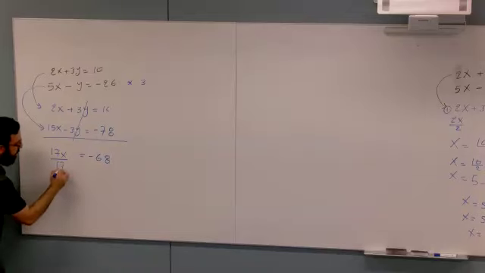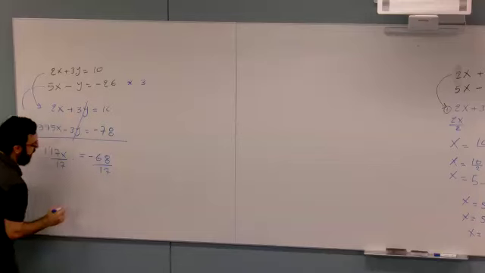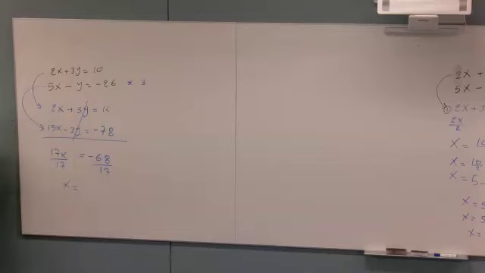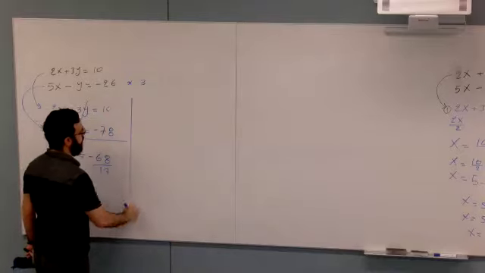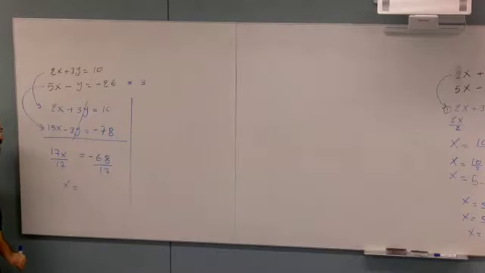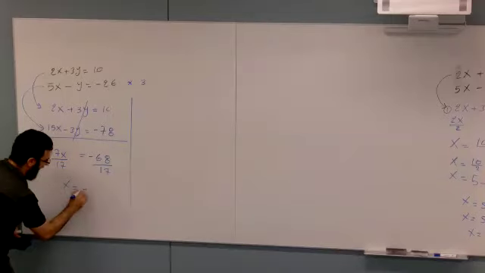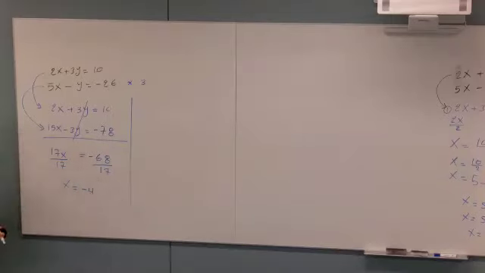Divide both sides by 17. How much is the value of x? We already got it there. Negative 4. You get the idea, it's up to you.